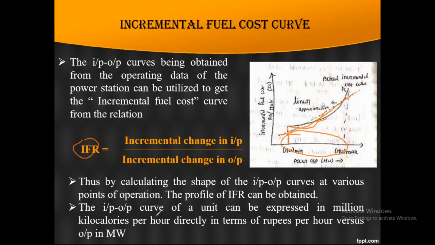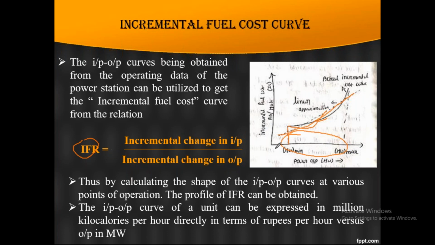And this input-output curve of a unit can be expressed in million kilocalories per hour, or directly in terms of rupees per hour. Generally, we have to express input in terms of kilocalories per hour as well as rupees per hour. Why? Because if you know how much cost you are spending on a particular power generation, then only can you get an idea whether you are getting a profit or a loss.